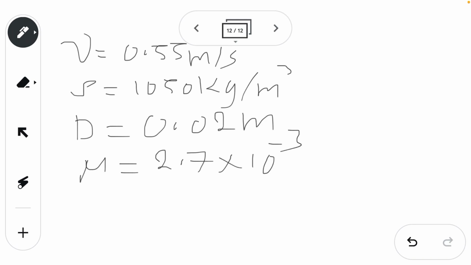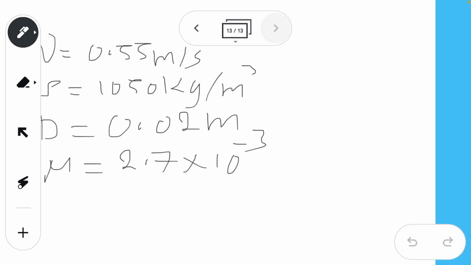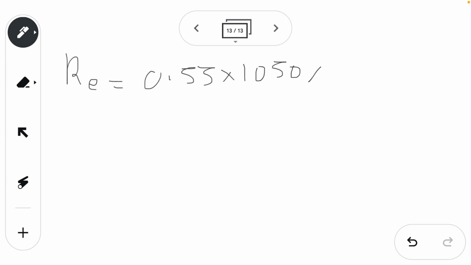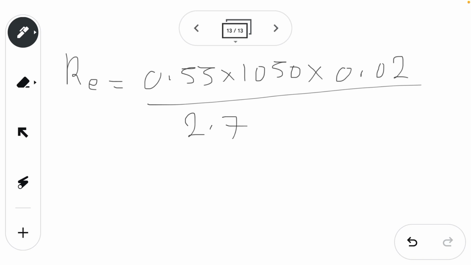We now go ahead and simply substitute these values into our formula for the Reynolds number. So Reynolds number equals the speed, 0.55, multiplied by the density, multiplied by the diameter, divided by 2.7 times 10 to the minus 3.